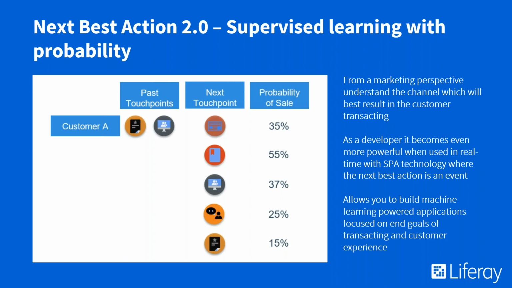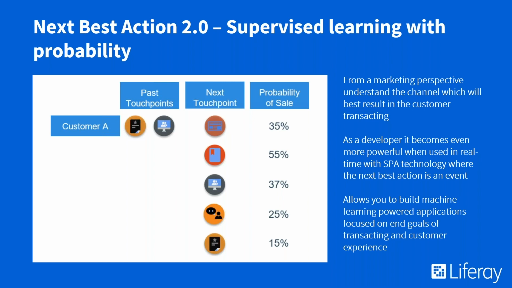That way we've got the ability to use what's called supervised machine learning, where you know what the goal is and you know what the factors are, so you can then reach a probability. We look at the past, what they've done.